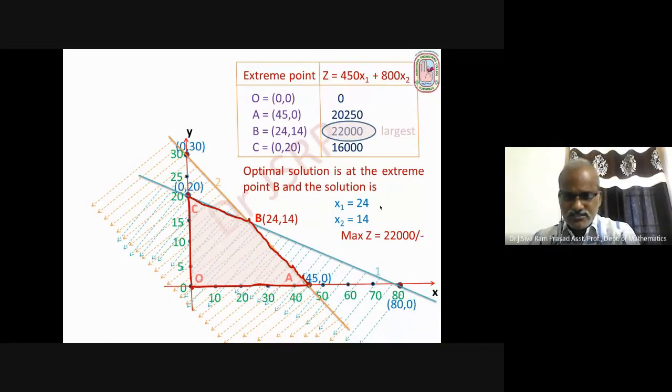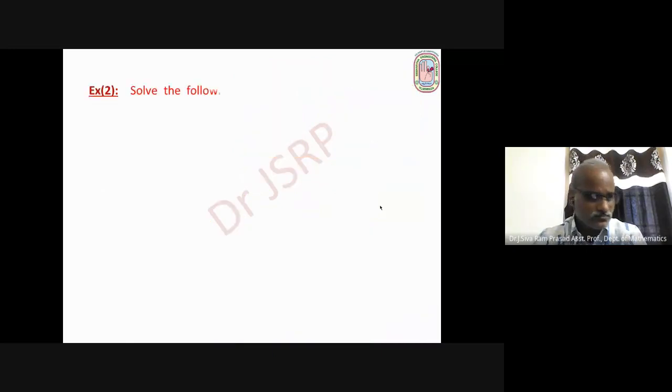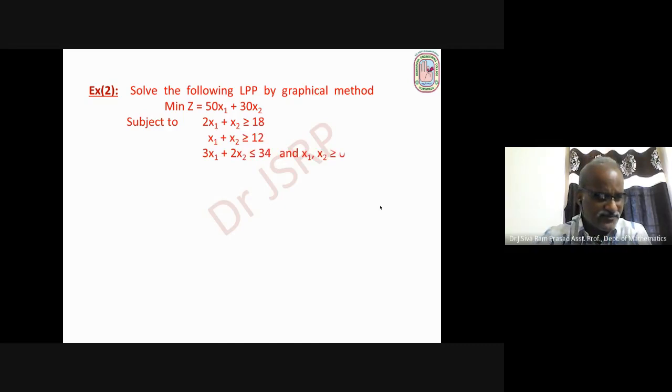Remember, this method is not a general method. This is a basic method which is applicable to solve LPP involving two variables only. Right, so consider another example. Solve the following LPP by graphical method.